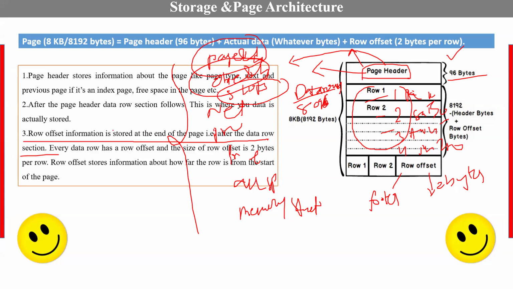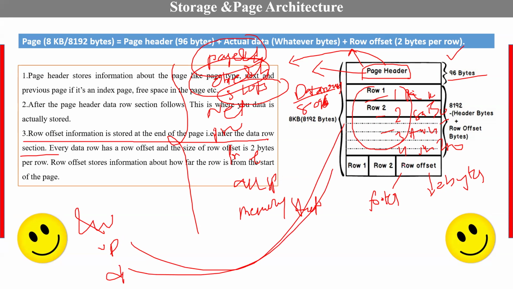Simply assume you are inserting, updating, or deleting data. It can't simply go into the page. So the row offset knows what rows I am trying to load into this page. Row offset contains the record ID information for reference purposes.